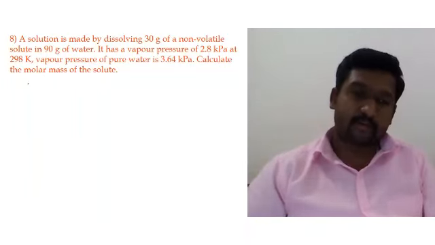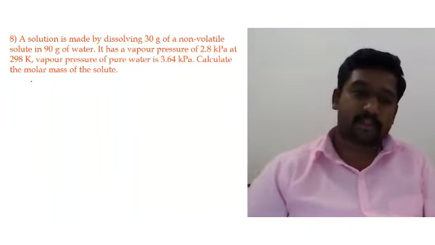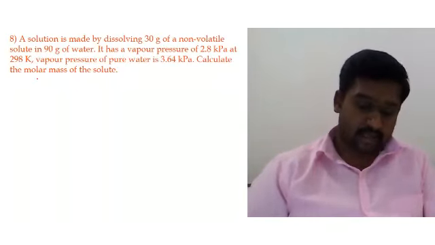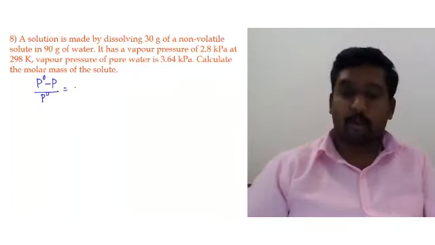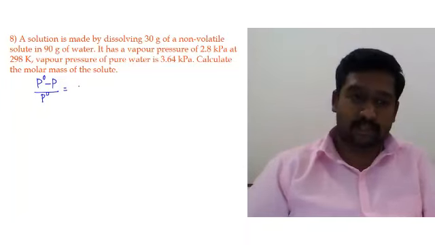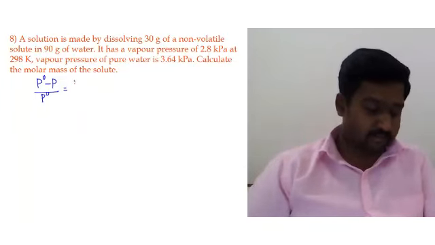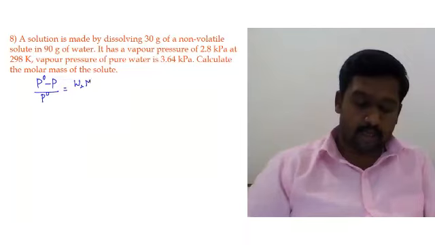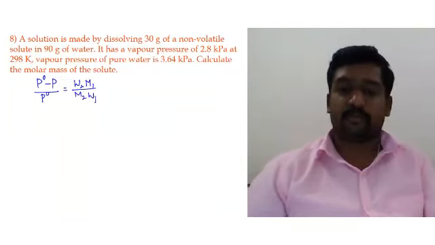If you refer the relative lowering of vapor pressure, we have an equation given as P naught minus P by P naught equals mole fraction. That mole fraction was simplified to another expression, that is W2 into M1 by M2 into W1.